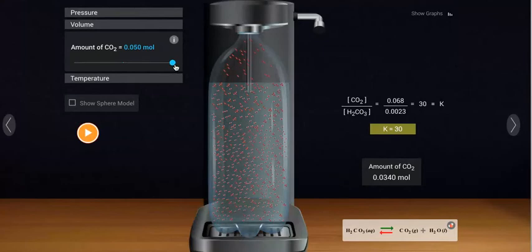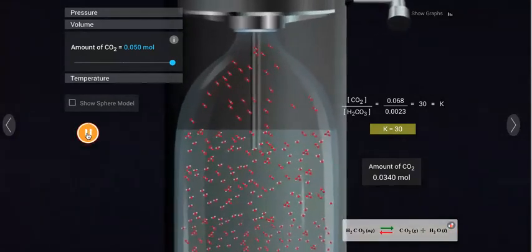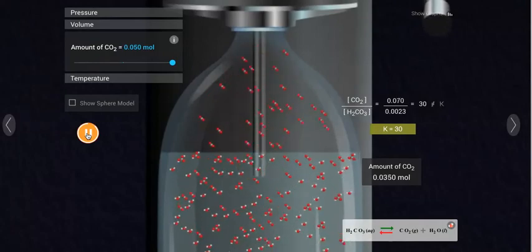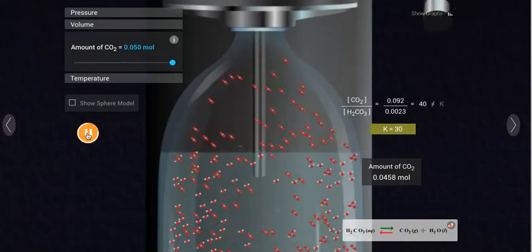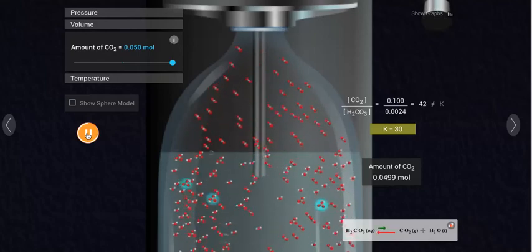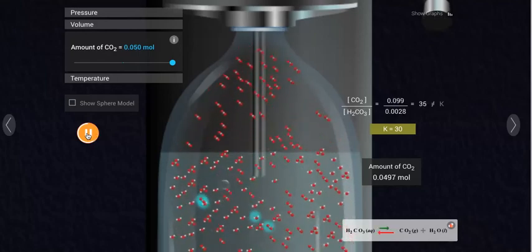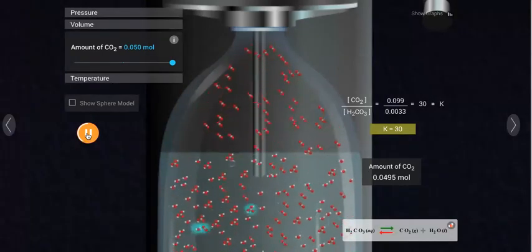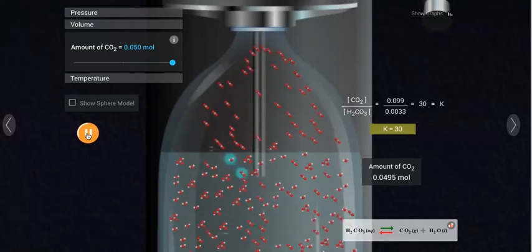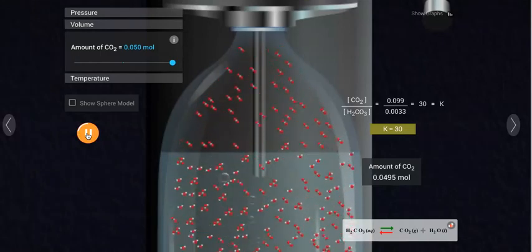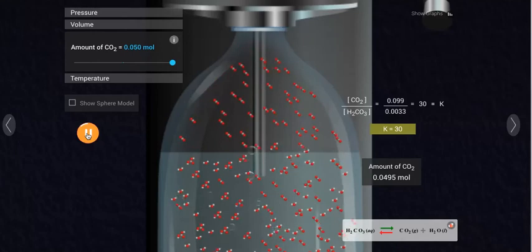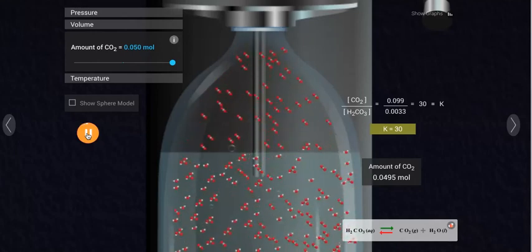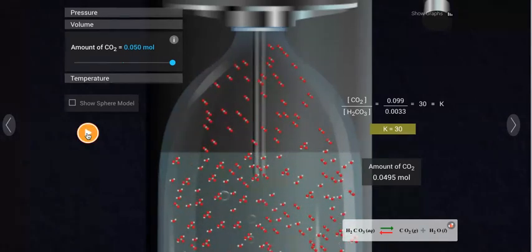So just as this machine does, I'm going to inject some carbon dioxide into this container and take a look at what happens. So carbon dioxide concentration goes up. Which way will your system shift in order to alleviate that increase in concentration of CO2?